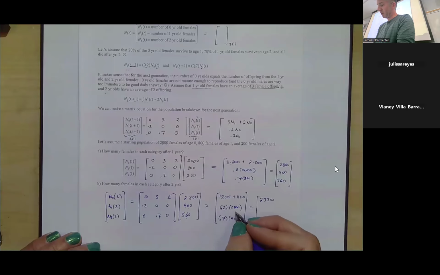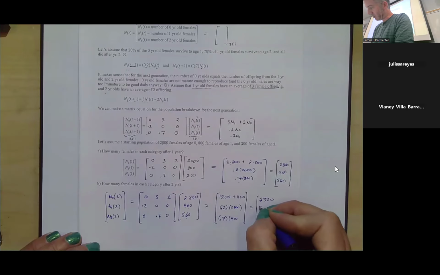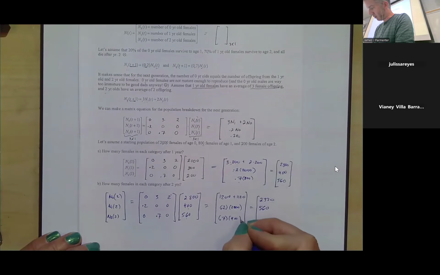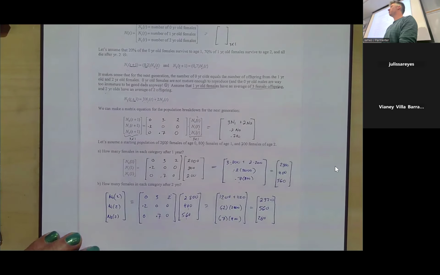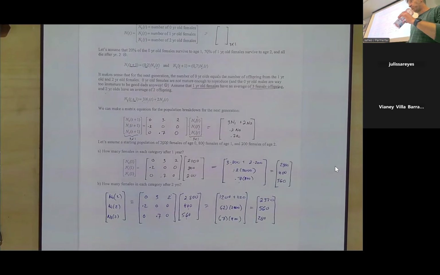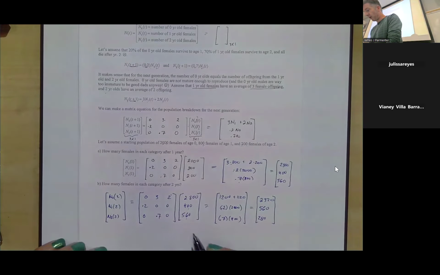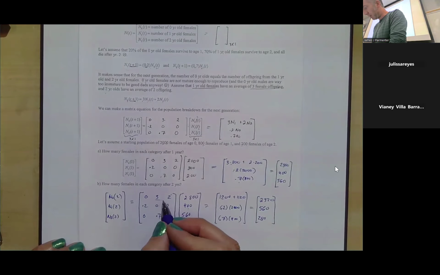Yeah, 0.2 times 2,800 is definitely 560. And finally, 0.7 times 400 is 280. And one could keep doing this, but the numbers would start to get a little bit messy. Assuming I've done it correctly, it's the 3 times the 400 plus the 2 times the 560.